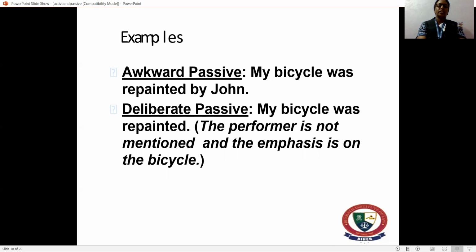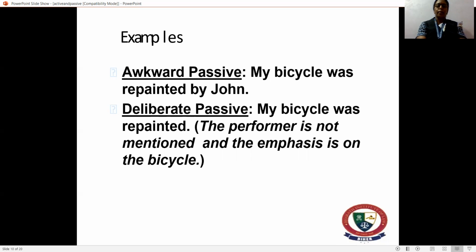My bicycle was repainted by John. Right? So here the emphasis you wanted to give is on the object, the bicycle. It is not John you wanted to emphasize. In such a case, we use passive, though it is awkward, we need to use it.